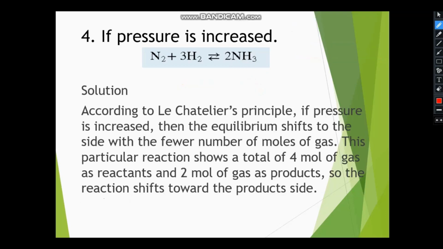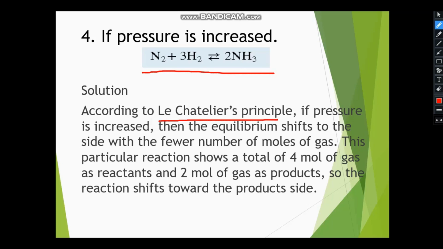The last situation is, what if the pressure is increased in this reaction? According to Le Châtelier's principle, if the pressure is increased, the equilibrium shifts to the side with the fewer moles of gas.